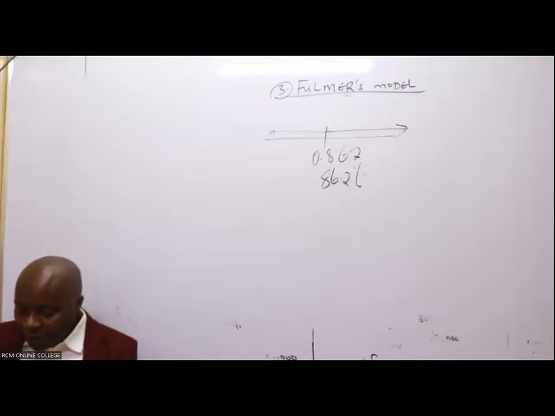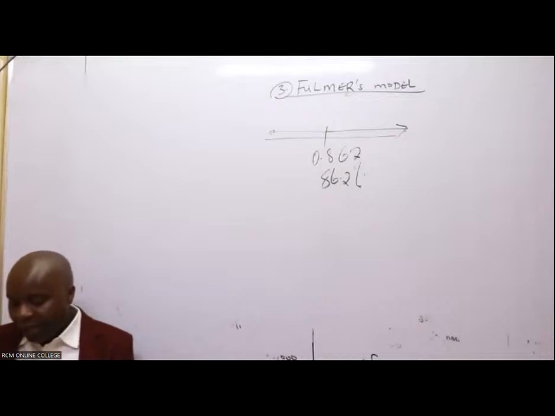The Farmer model incorporates various financial ratios and other financial indicators to evaluate a company's financial health. Some of the key financial ratios and indicators used in the Farmer model may include, number 1, liquidity ratios. Number 2, profitability ratios.